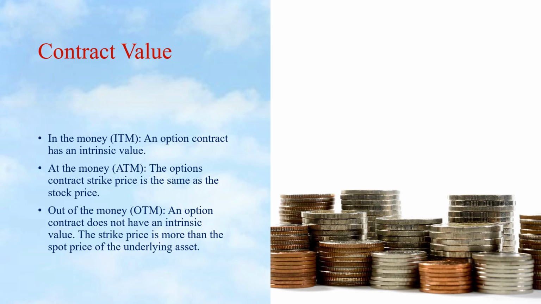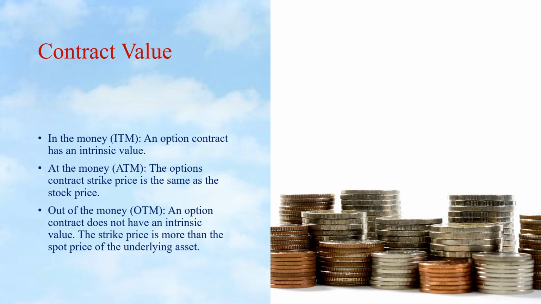Out of the money. In such a case, this option contract does not have an original value. Usually the strike price is more than the spot price of the asset. That is, we will get very good profit in OTM. It depends upon call or put option.